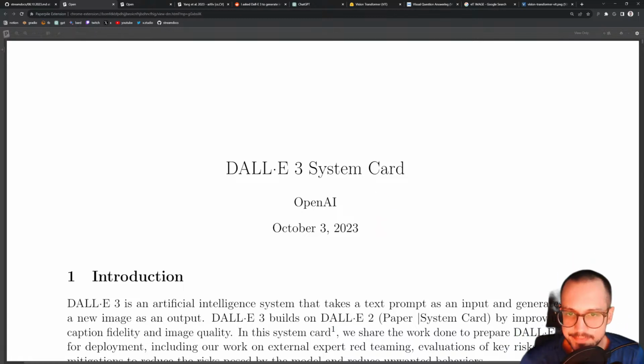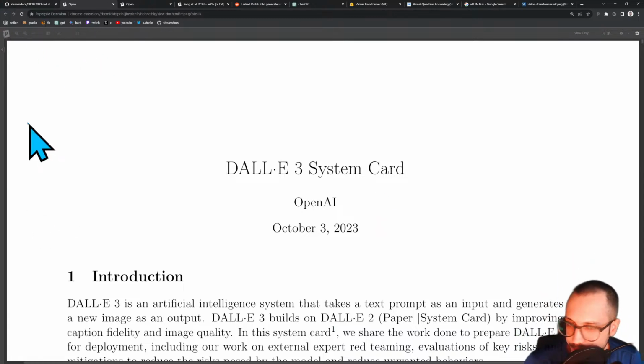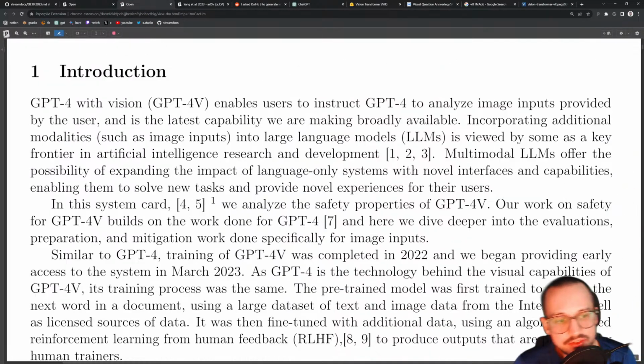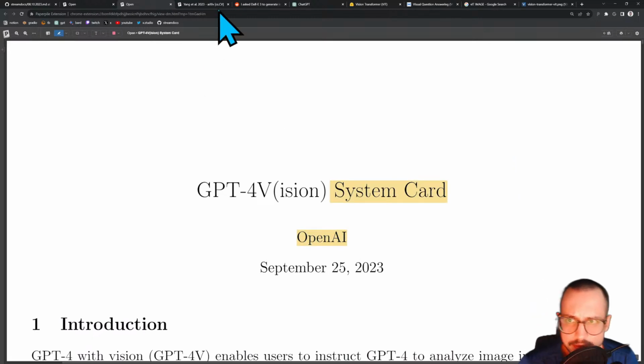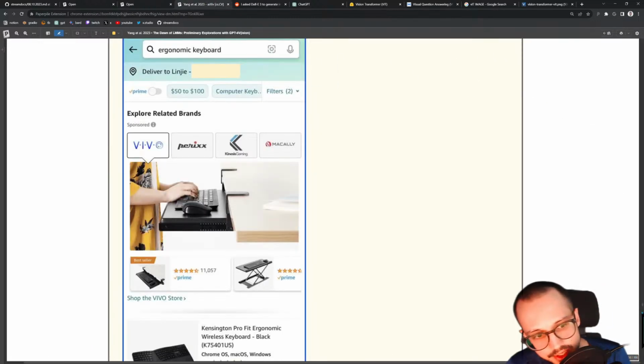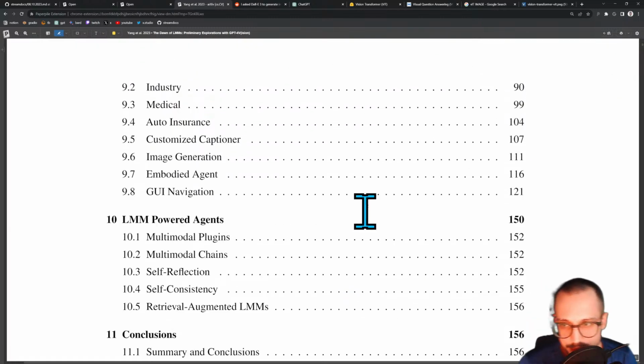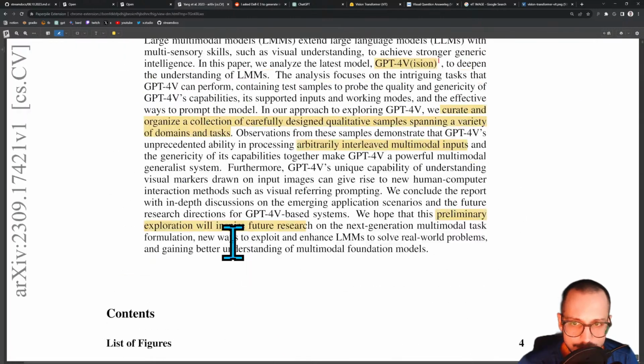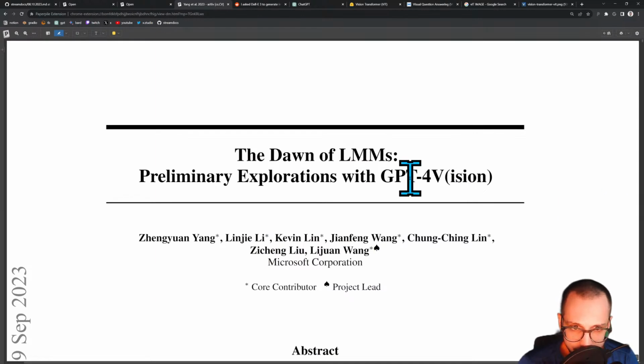All right. So today on the stream, we reviewed the DALL-E 3 system card, the GPT-4 Vision system card, and then this paper here, which was basically a huge set of examples from GPT-4 Vision. GPT-4V Vision and DALL-E 3 are the two latest models from OpenAI.